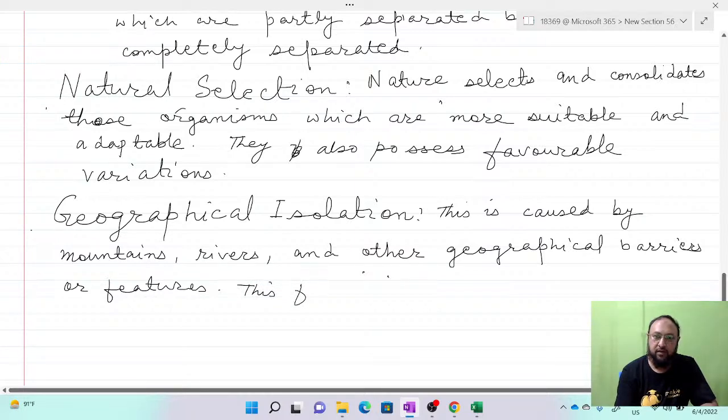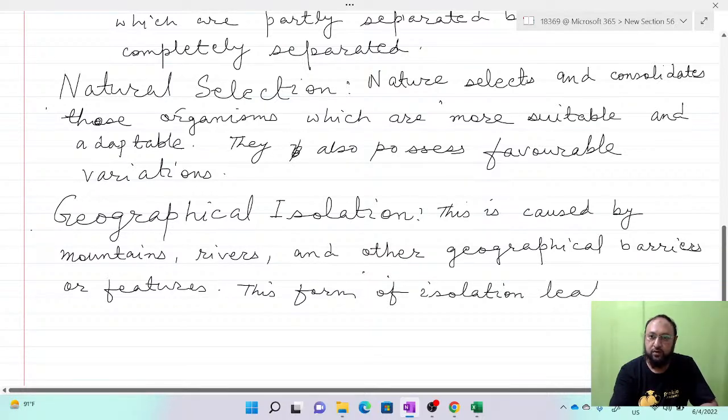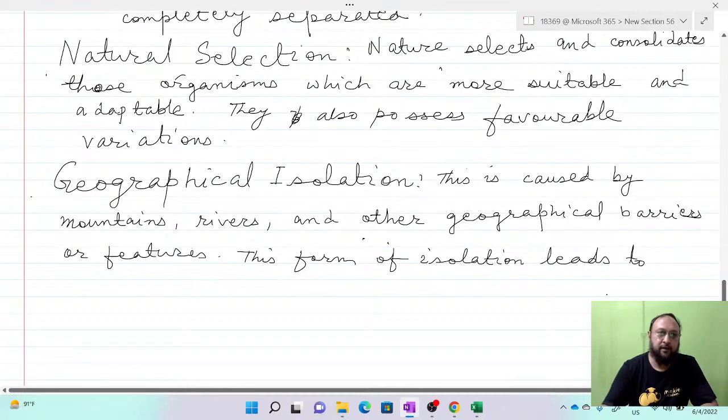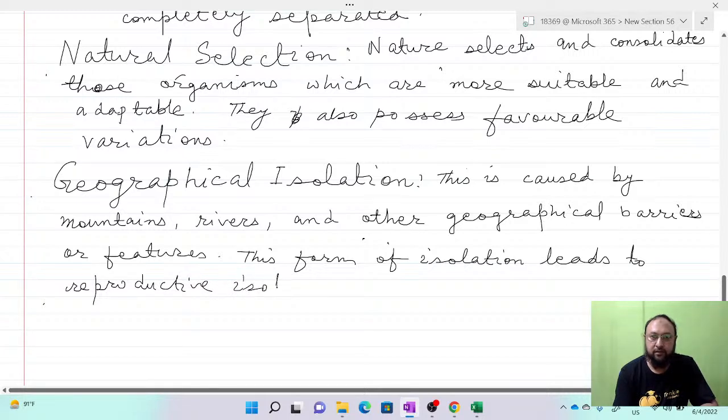This form of isolation leads to reproductive isolation.